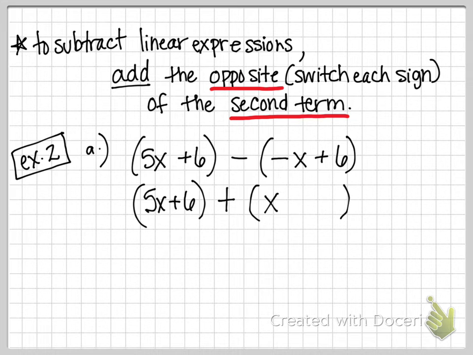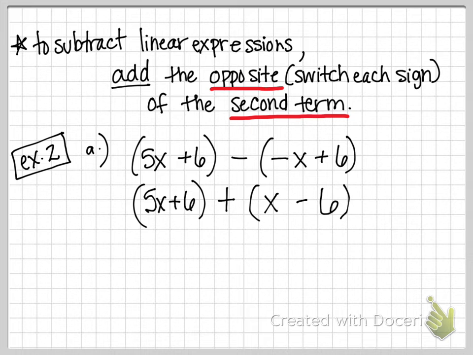So now what kind of x do we have? Yes. Good. Okay, now back to what I was saying. We're going to add the opposites. The opposite of negative x is positive x. What's the opposite of positive 6? What's the opposite of plus 6? Caroline? Minus 6. So you take the opposites. You change the sign in the middle to plus, and you take the opposite of each term inside.